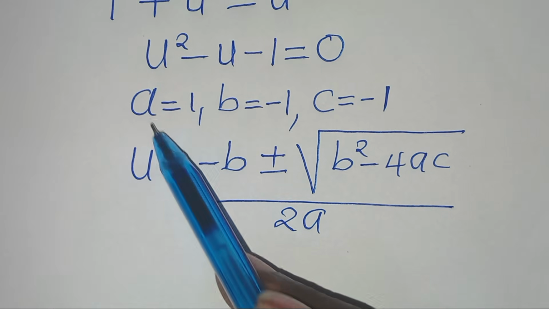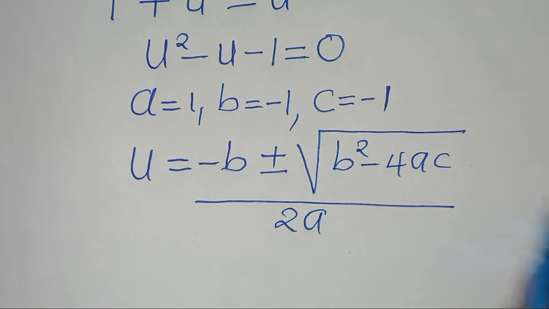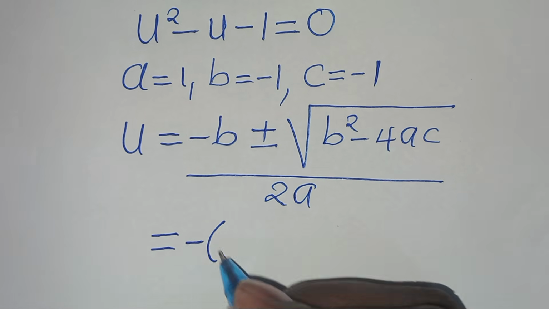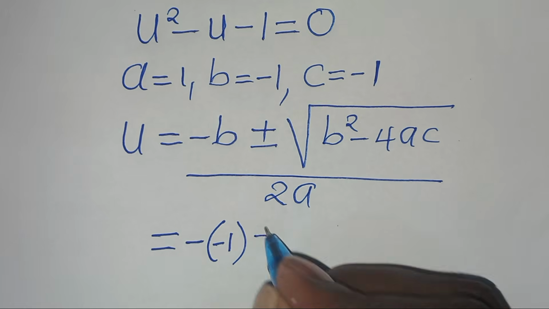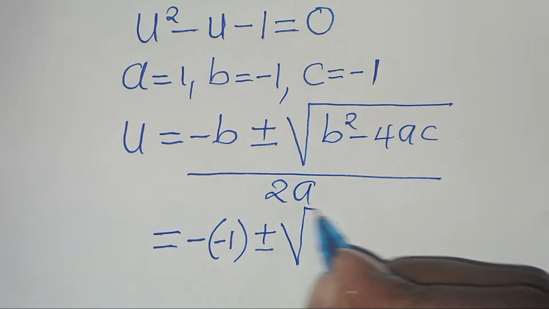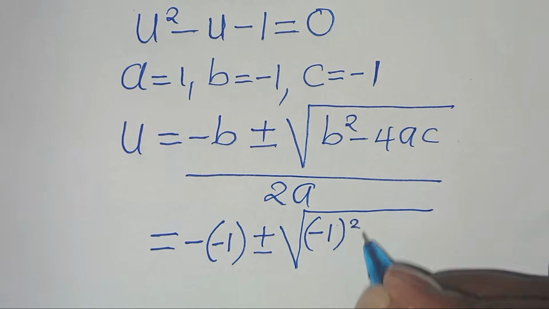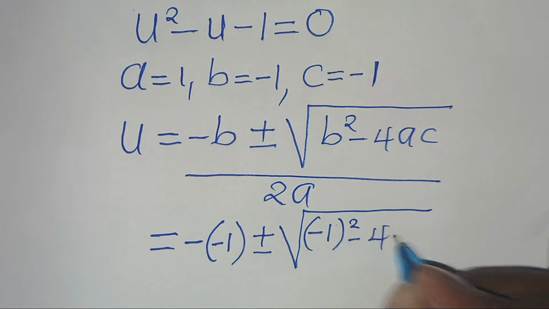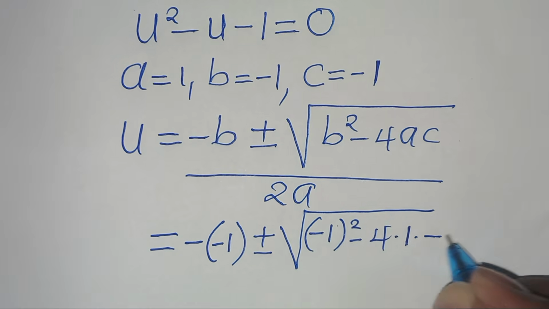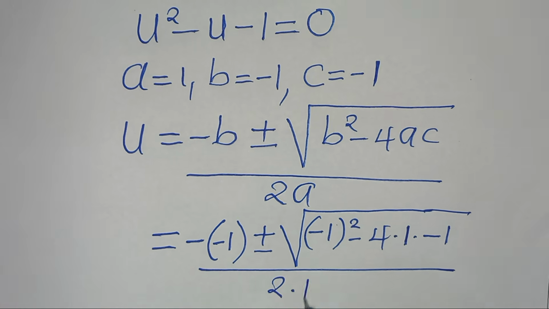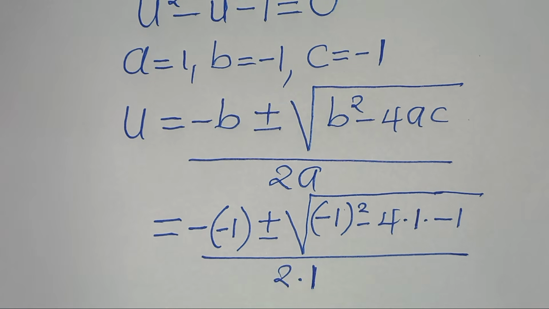Let's substitute the values of a, b, and c in this formula, so that we have negative times negative 1 plus or minus the square root of negative 1 raised to the power of 2 subtract 4 times a, which is 1, times c, which is negative 1, divided by 2 multiplied by 1.